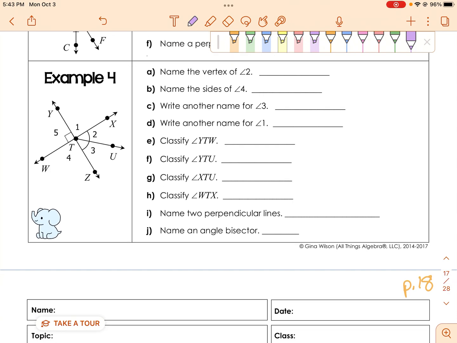We're going to skip down to example 4. We'll do this one together. So we want to look for the vertex of angle 2. So here's angle 2. The middle letter is T. Okay, the sides of angle 4. So we have ray TW and ray TZ.